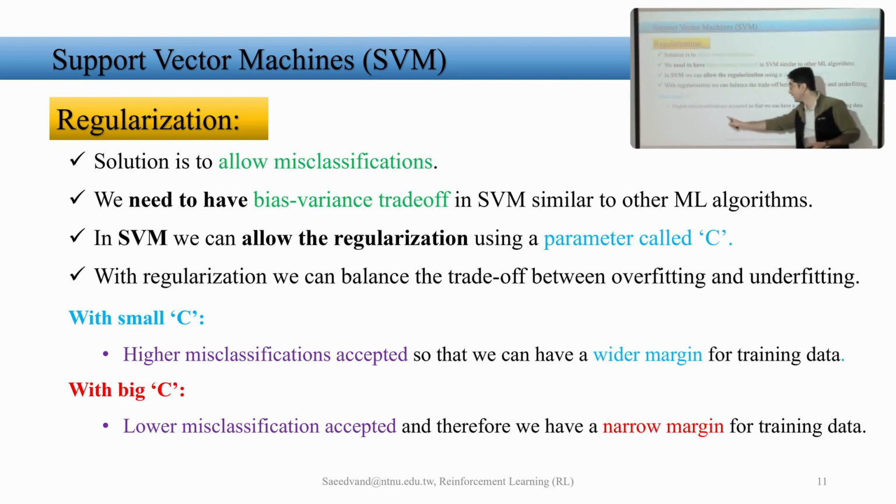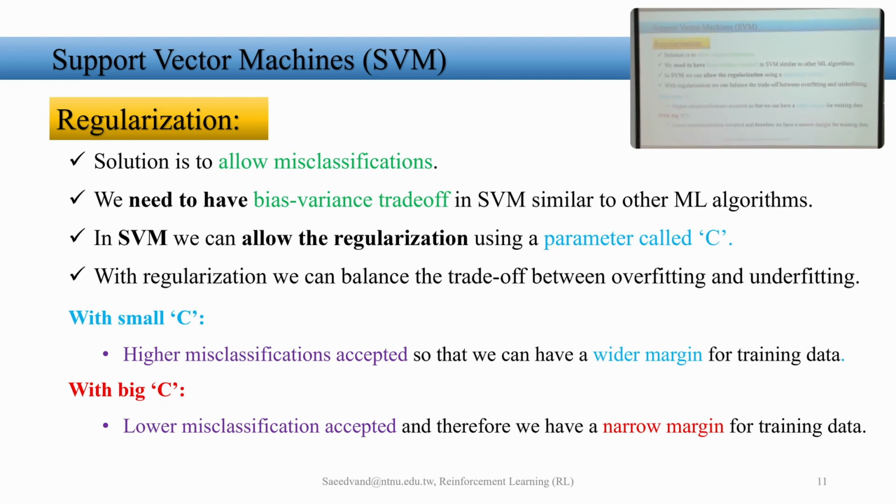If we want to have higher misclassification, to do this, we should decrease the C. If we want to do vice versa, we need to increase the C, and then lower misclassification will be accepted. So it means that our margin is going to be narrowed down to the edges of the data points that we have.